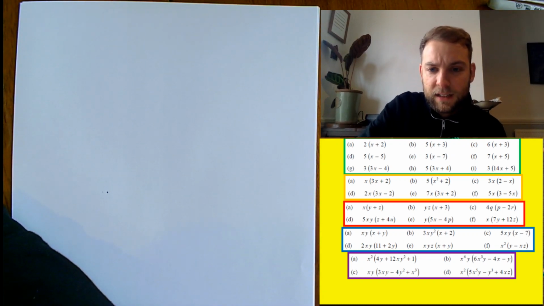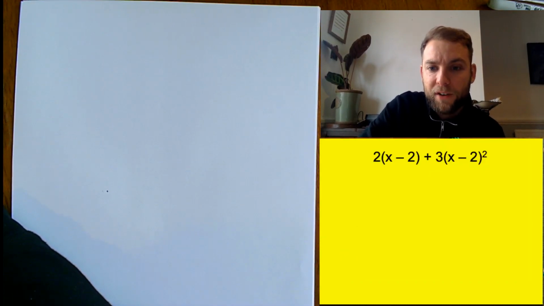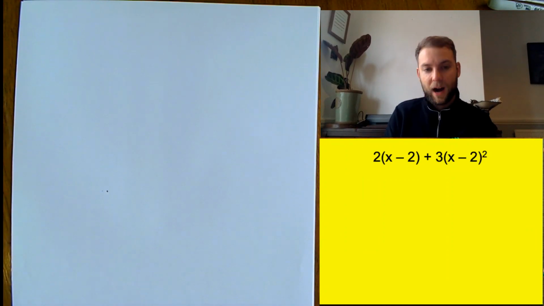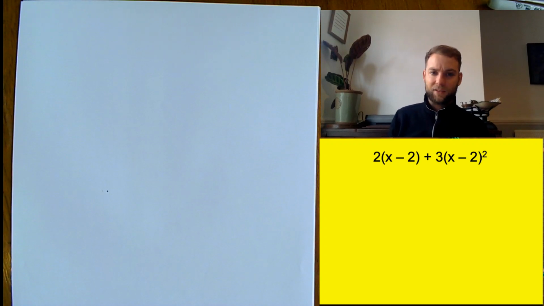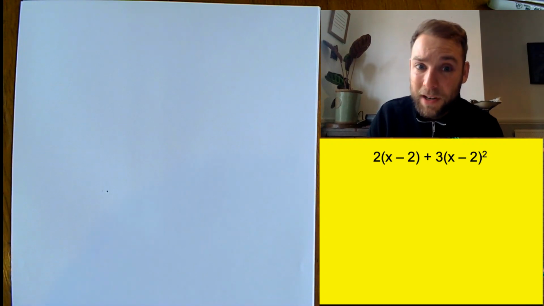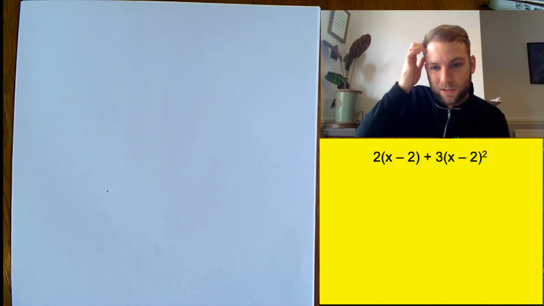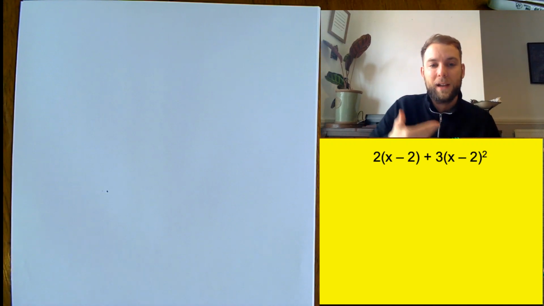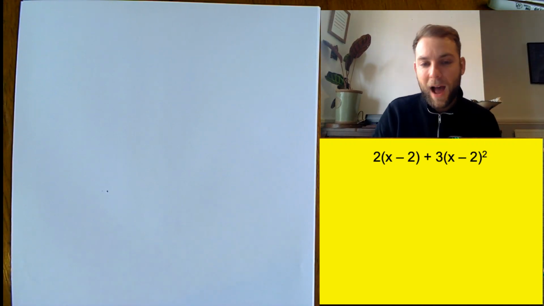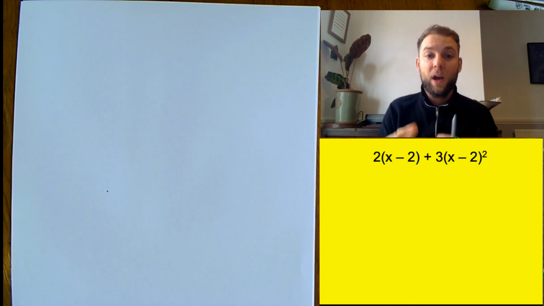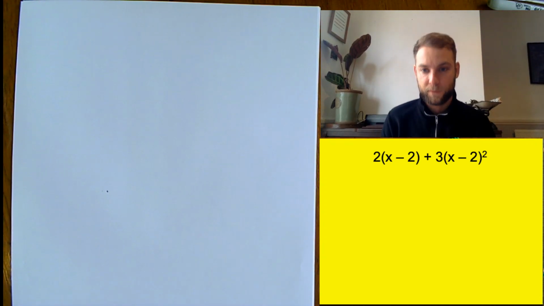Okay, so this question I've seen popping up every now and again in the new higher paper, and it doesn't look like it's a factorising question, and it especially doesn't look like it's a single bracket factorising question. What it looks like is it should be an expanding bracket question, but actually what I've got here is I do have a common term in both.